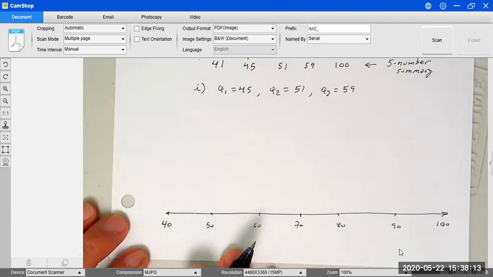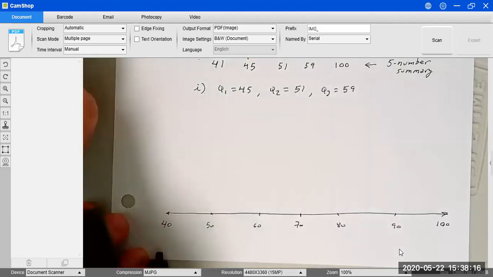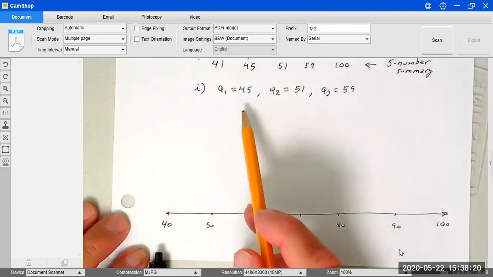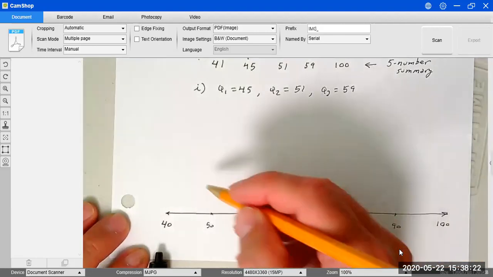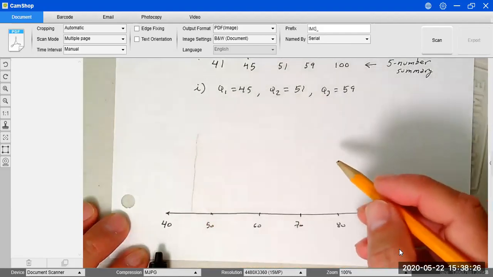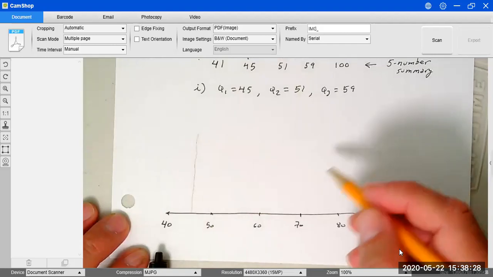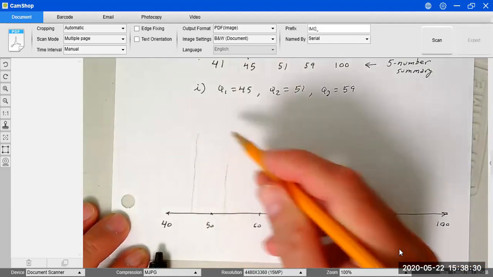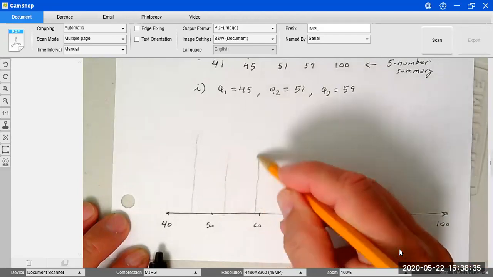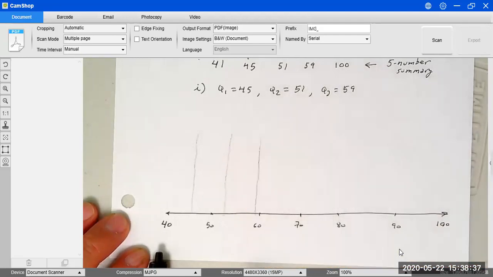So then I need to draw vertical lines. I'm going to use a pencil at 45, which is the first quartile. So around here, a vertical line, another at 51, and another one at 59. So I have my vertical lines there.